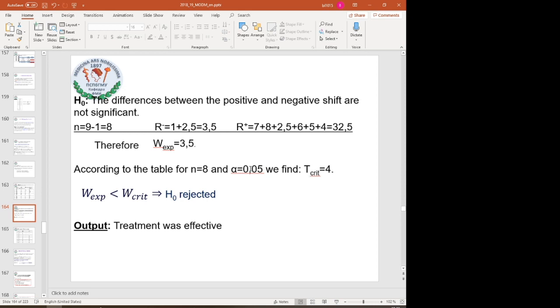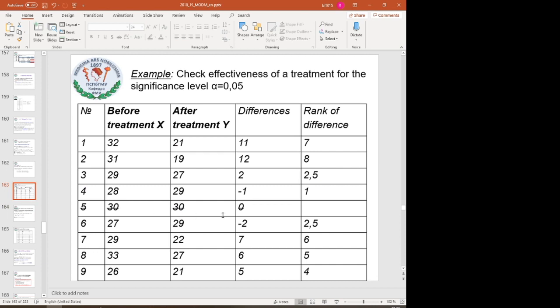We have only 3.5, very close. So our experimental value is less than critical, and the null hypothesis is rejected. So despite these two patients, we have to conclude that our treatment is effective.